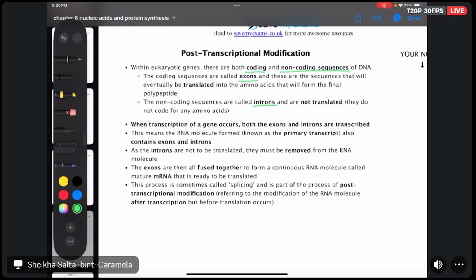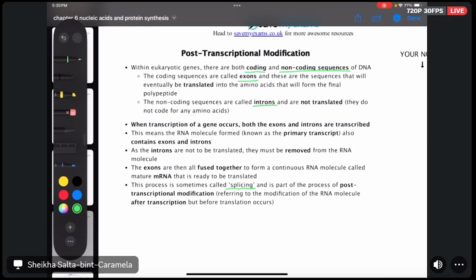When transcription of a gene occurs, both exons and introns are transcribed from the DNA because the DNA molecule also has them. This means that the RNA molecule formed will also contain exons and introns. So the exons are fused together in a process called splicing, which is the joining together of the exons, and the introns are removed.